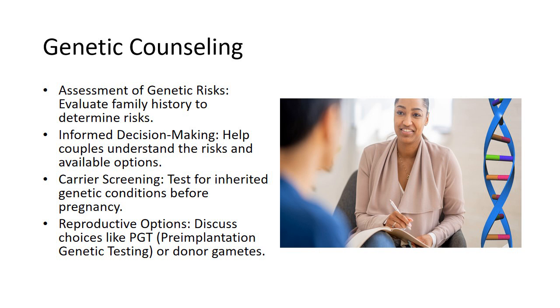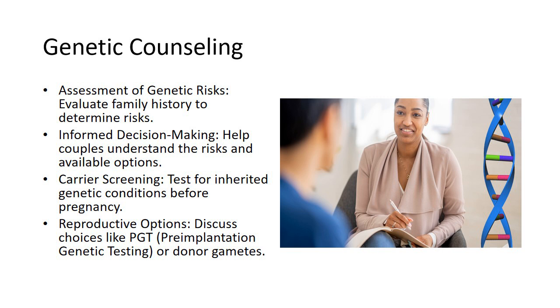Genetic counseling for families with genetic risk. Couples who have a family history of genetic disorders or are carriers of certain genetic conditions may benefit from genetic counseling before trying to conceive. Genetic testing can help assess the risk of passing on inherited conditions and guide decisions regarding conception.